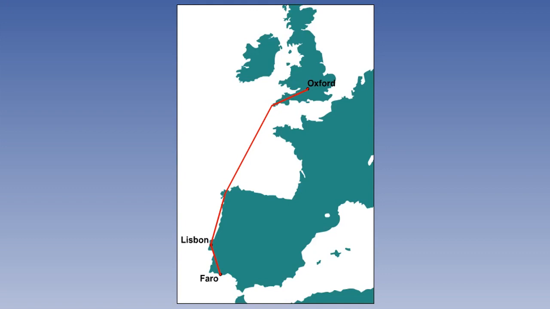Trip fuel is from departure to destination via the decision point. In this example, that is from Oxford to Faro via top of descent to Lisbon. Contingency fuel is 5% of the trip fuel from decision point to destination. Alternate fuel and final reserve are calculated in the normal way.